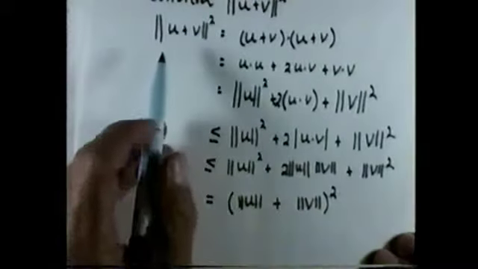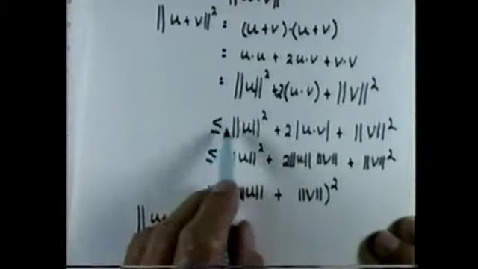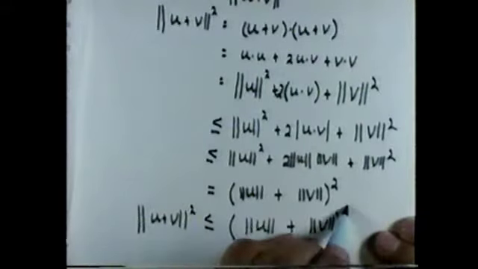Let's look at what we have then. Putting all this together, I have the magnitude of u plus v quantity squared. Since I have some less thans in here, it would be less than or equal to the magnitude of u plus the magnitude of v quantity squared.